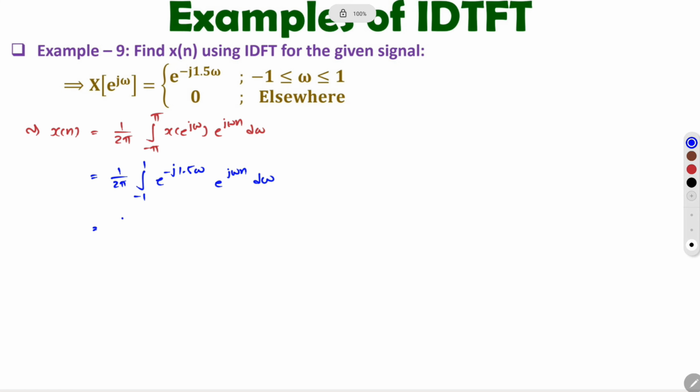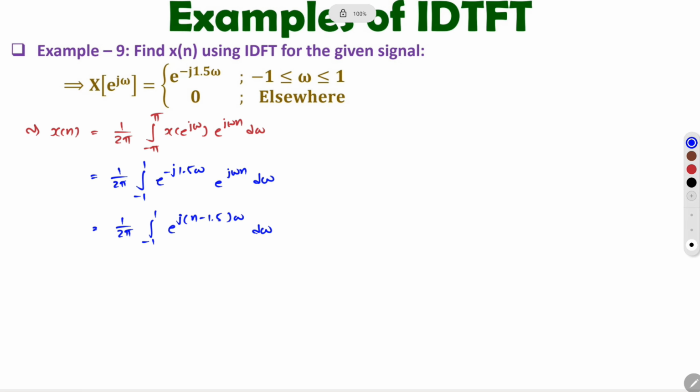Now I simply need to club these two portions. If you take j common, we have e to the power j, n minus 1.5, into omega.